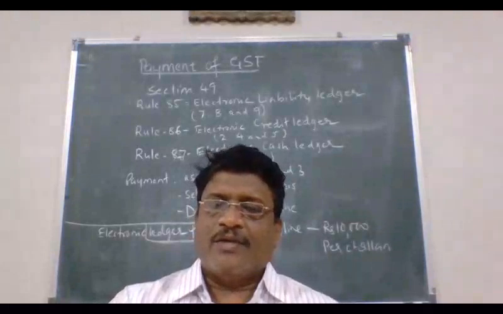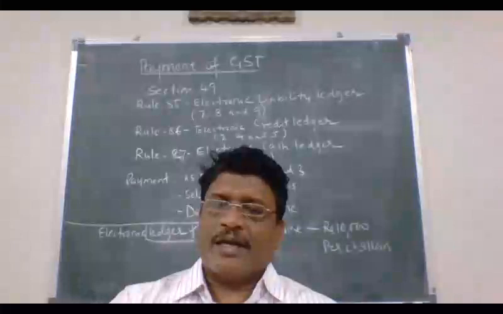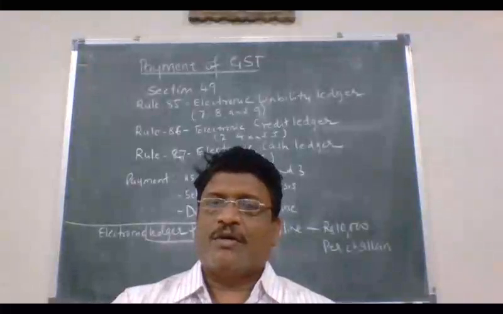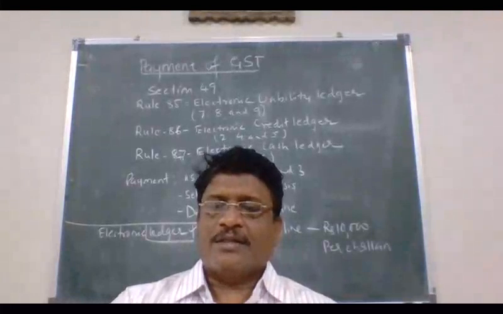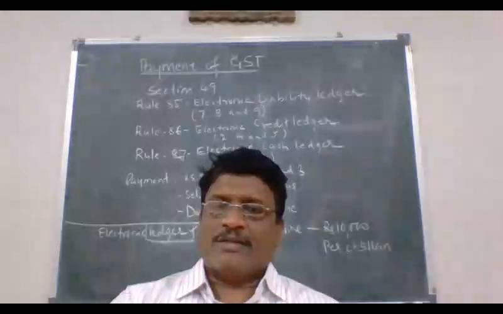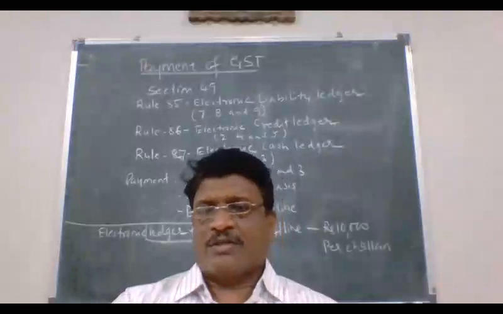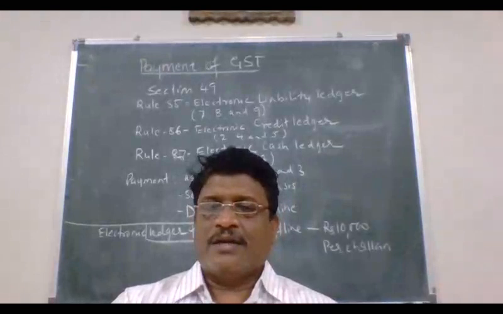Here, every registered dealer who is supplying taxable goods or taxable services is liable to pay the GST to the government. The supplier of the goods or services collects the GST from the recipient.